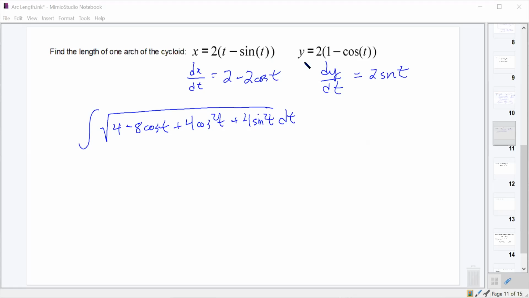Cool. All right. Then, what are our limits going to be? Are there any discontinuities on t minus sine t or 1 minus cosine t?